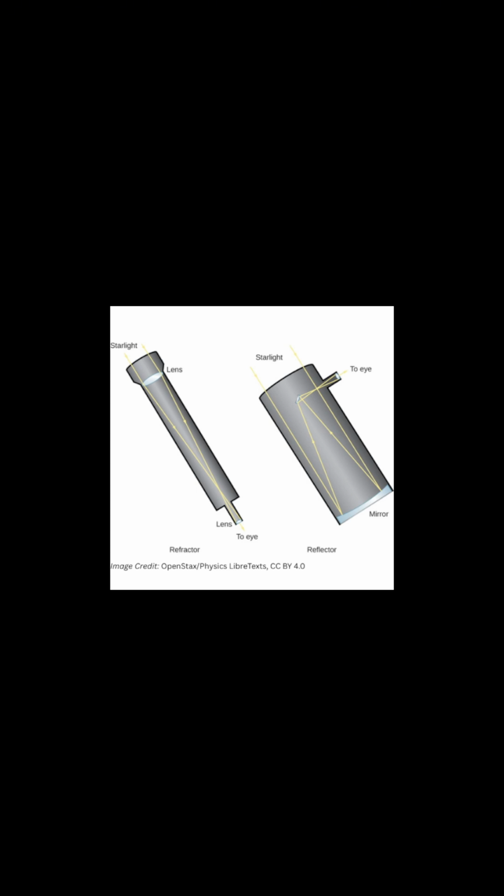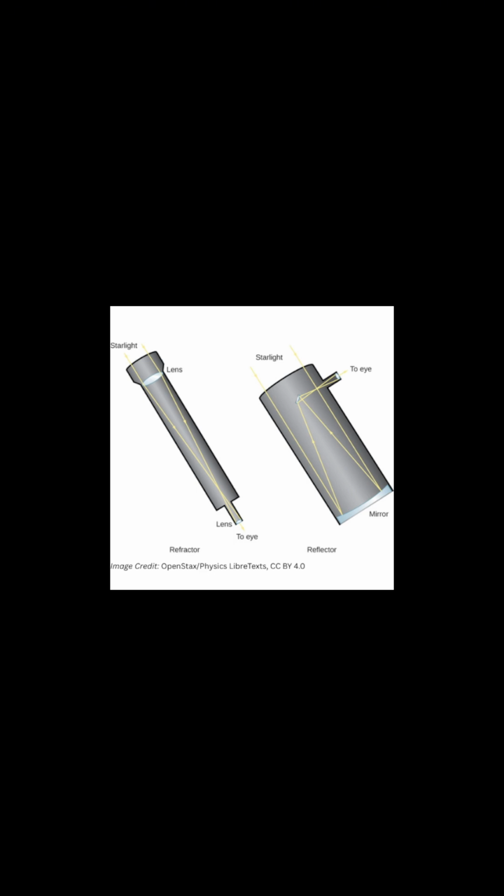So here are the light paths through the two types of telescopes. The refractor uses a lens, a big lens as the objective, and focuses the light to a point, which then passes through that point a little bit into the eyepiece.